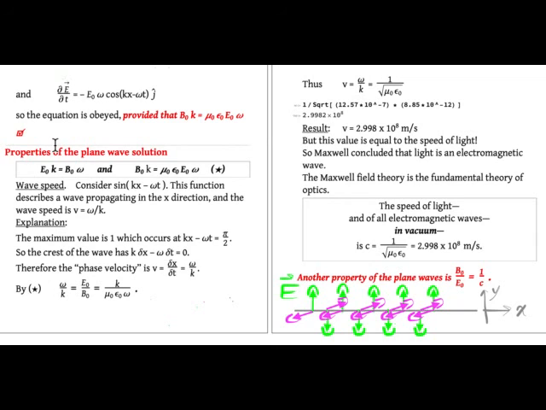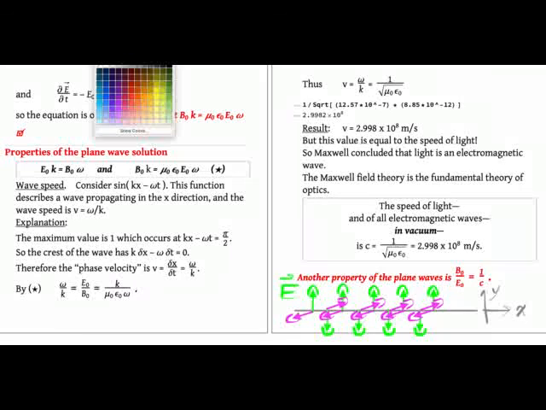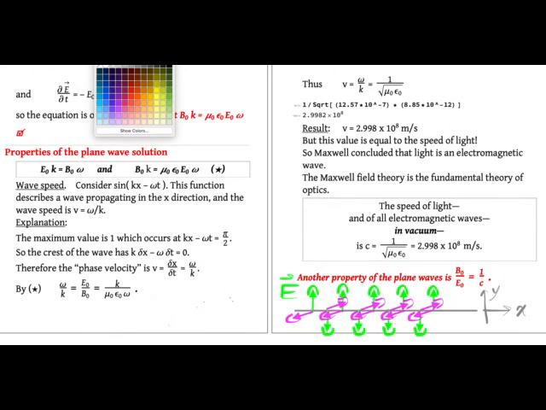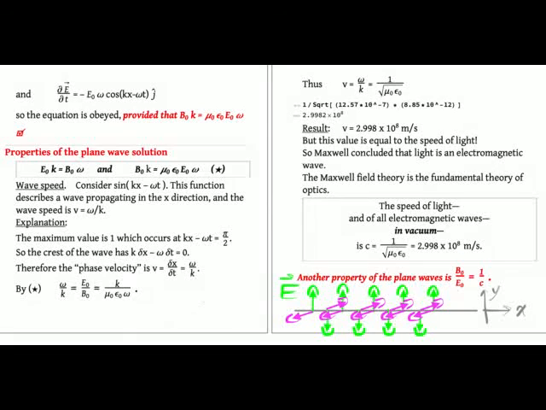All right, so now let's look at the properties of the plane wave solution. We call that a plane wave because the electric field oscillates in the plus or minus y direction. The magnetic field oscillates in the plus or minus z direction. The whole wave propagates in the x direction.